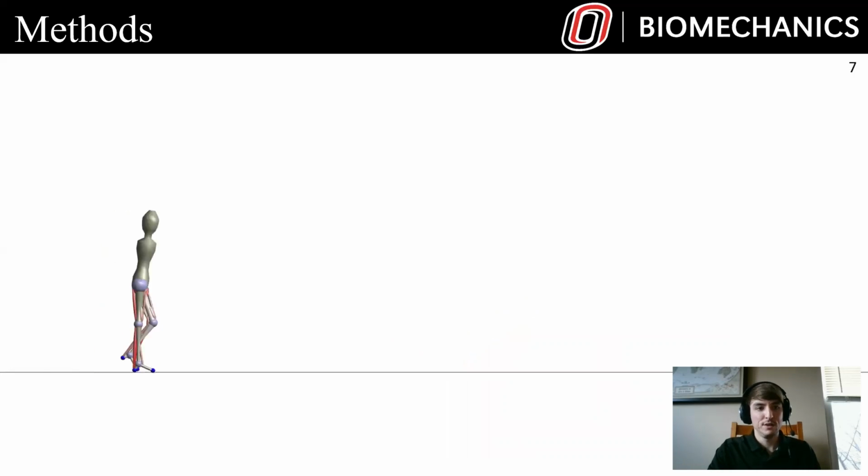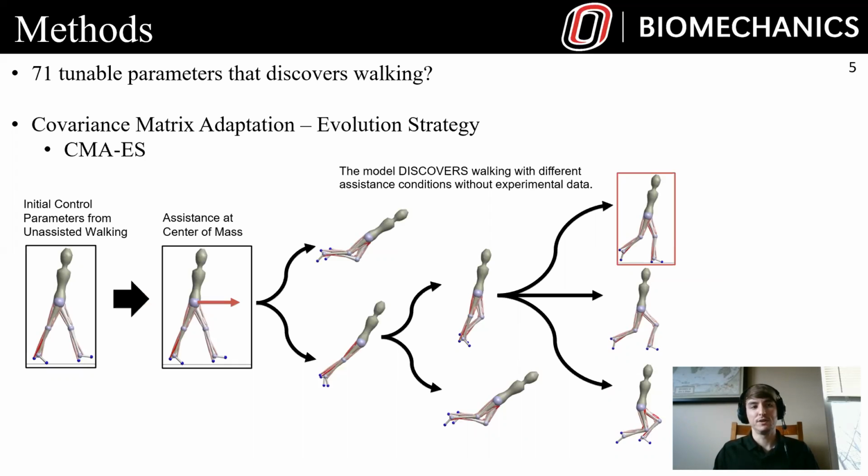And so we use an algorithm called covariance matrix adaptation evolution strategy, or CMA-ES. This allows us to run thousands of iterations, rather than the hundreds and hundreds of thousands of iterations that you would really need. It's a better guessing strategy that leverages previous iterations' successes, or values on the cost function, to inform future tuning of those parameters to achieve a walking strategy.